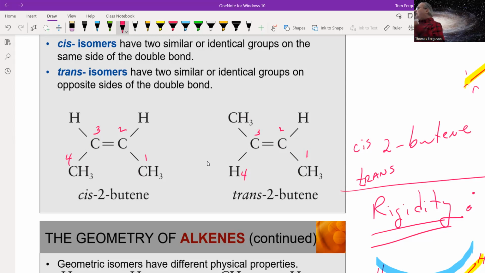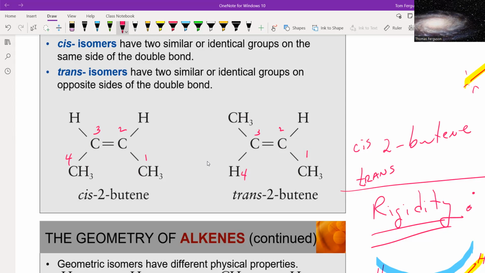And you have to label it likewise, okay? It's just like left and right hand. 5 fingers or 4 fingers and a thumb. Both of them have that. They attach to the palm. Both of them have that, but they're not interchangeable. So you have to specify, is this a cis or trans?